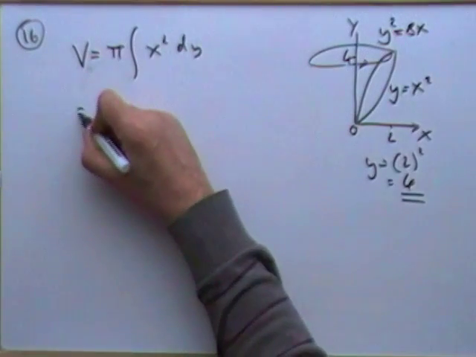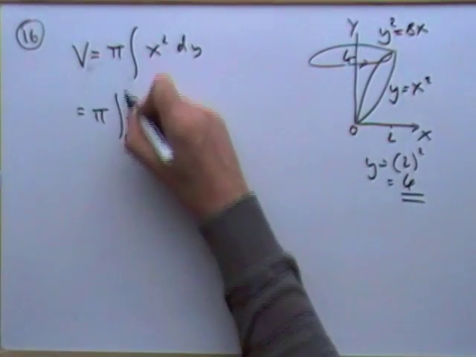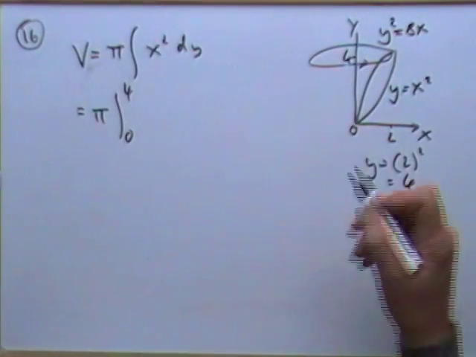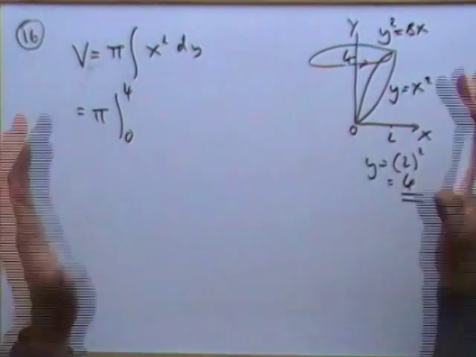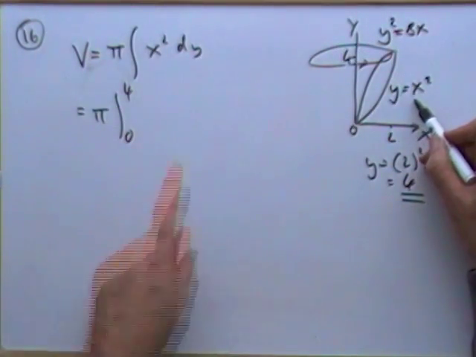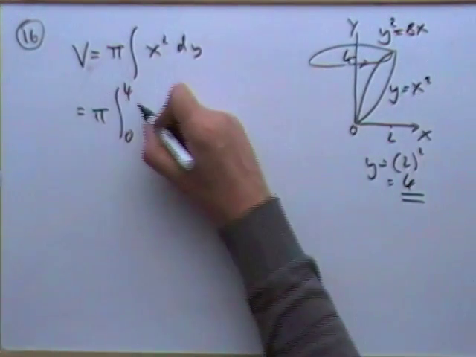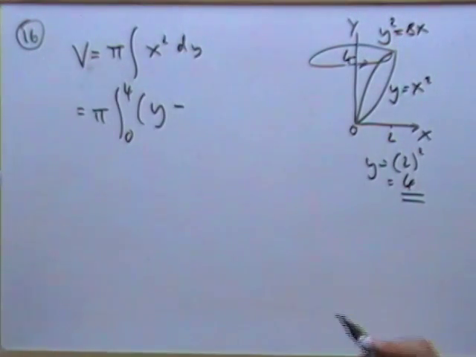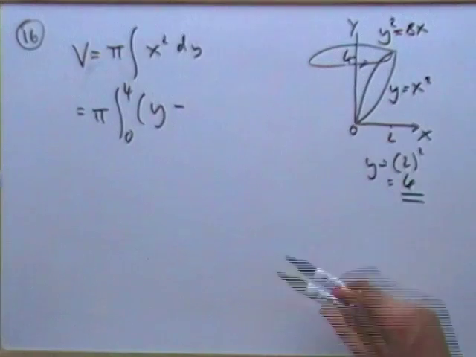So it's going to be pi times the integral from 0 to 4 of, now, the outer one, which is x squared, and x squared is y, so that's nice and neat, so it's y minus, because I need x squared, and that was x squared.